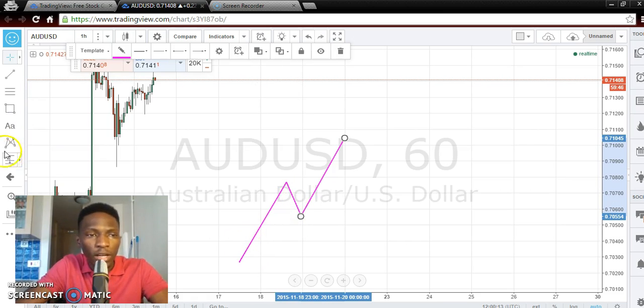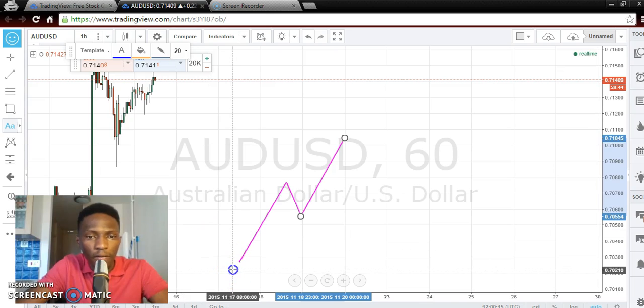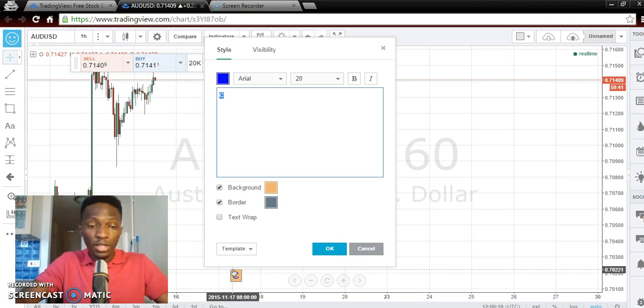Actually, before I do that, let me go ahead and label this chart because I find it easier to explain and to get my message across when I put my labels on.